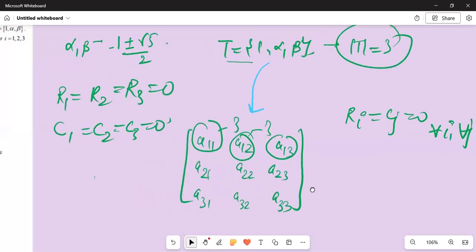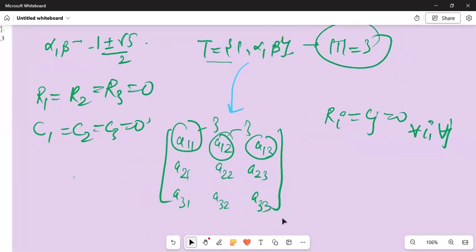But first of all, since the entries should be from T and Ri and Cj should be 0 for all i and j, how are the elements of T going to satisfy this condition? So we need to see.